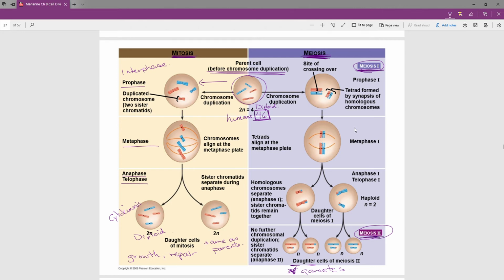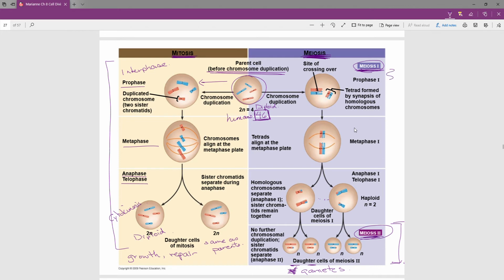Now, meiosis 2 is a whole lot like this process over on this side. Because if we take a look at these cells, they are akin to our original. And so this process down here is a lot the same.